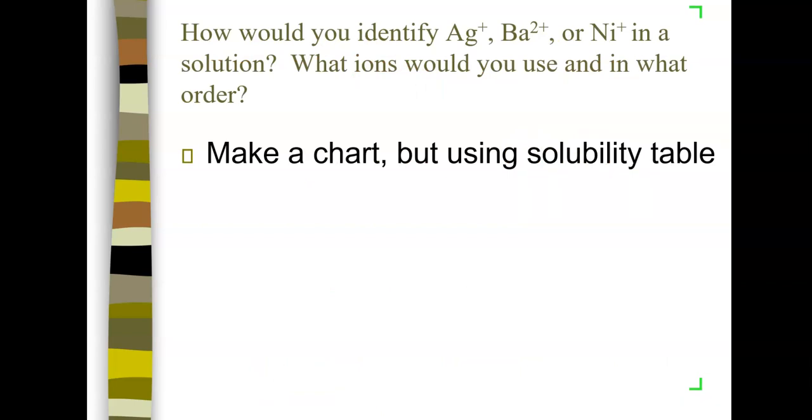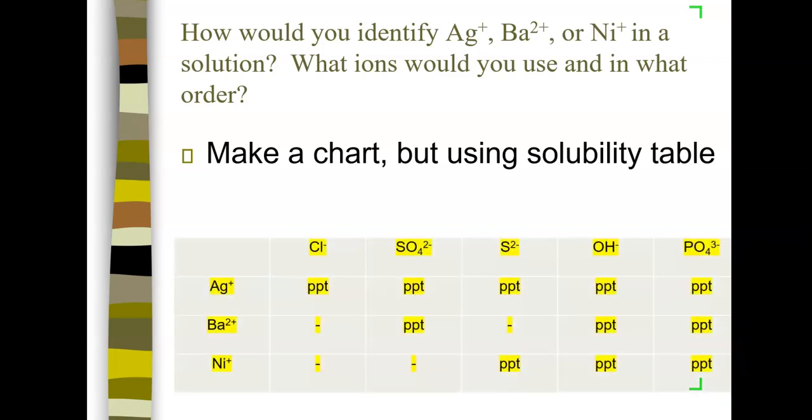Or like I say, make a table or use a flow chart when you are identifying whether precipitates form or not. So how would you identify silver, barium, or nickel in a solution? What ions would you use and in what order?